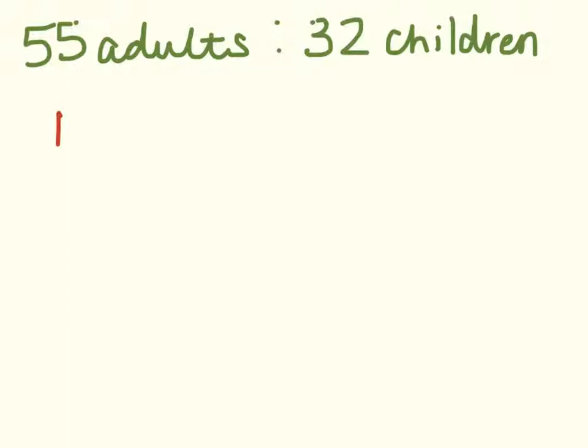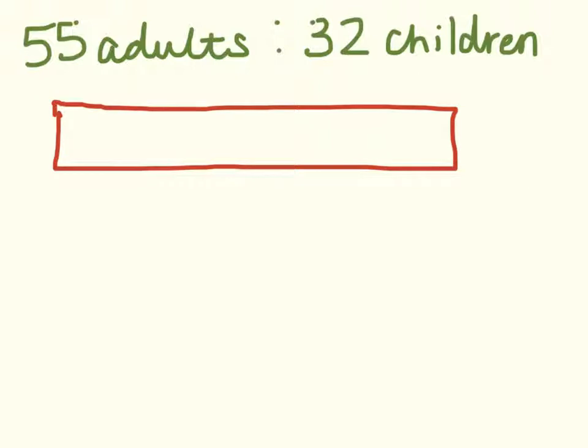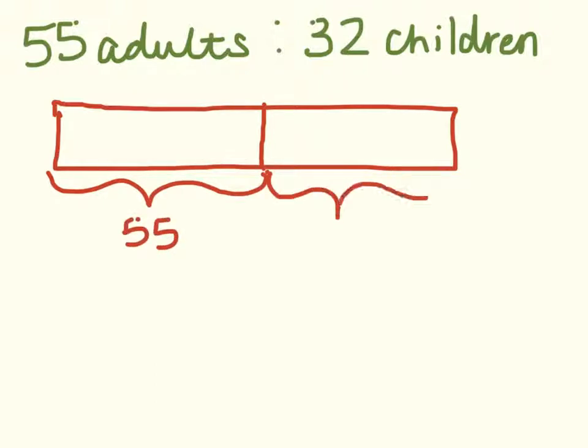So we'll begin by drawing one long bar that we're going to divide into 55 and 32. So this is called a part-part model. So the ratio of the number of adults to the number of children at the party would be, well, all we have to do is put our colon in right here, 55 to 32.